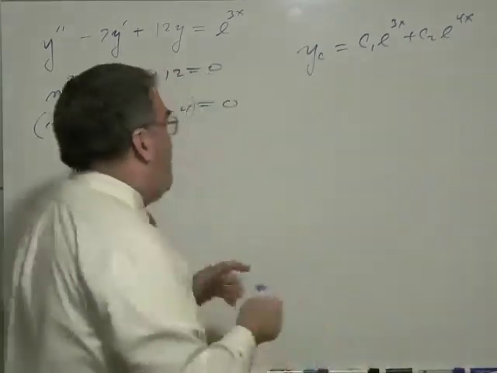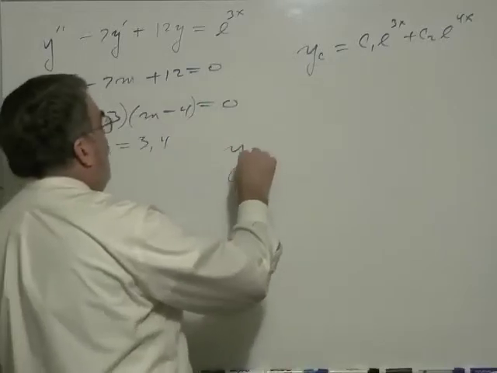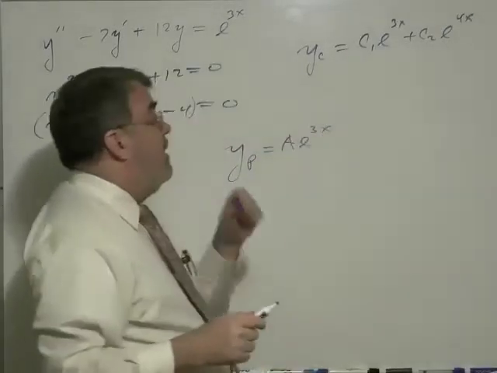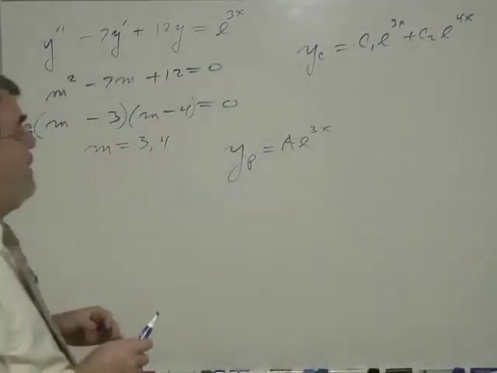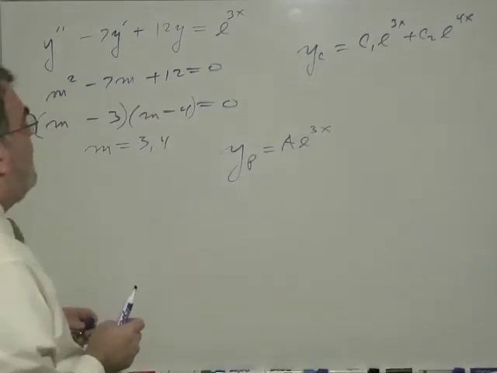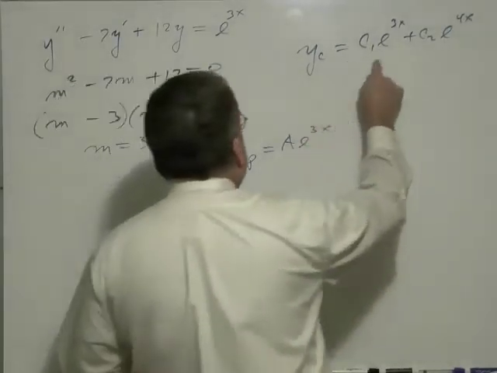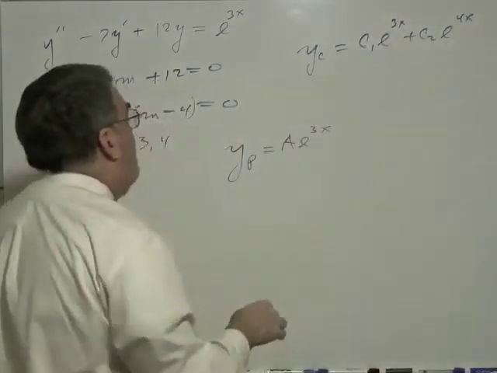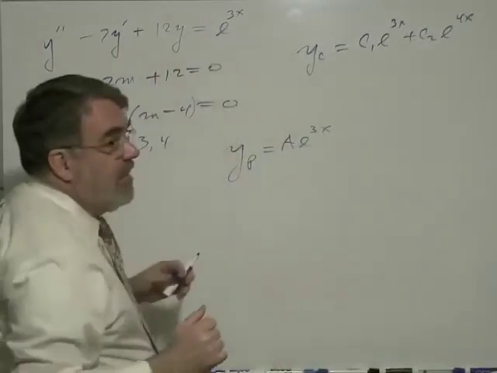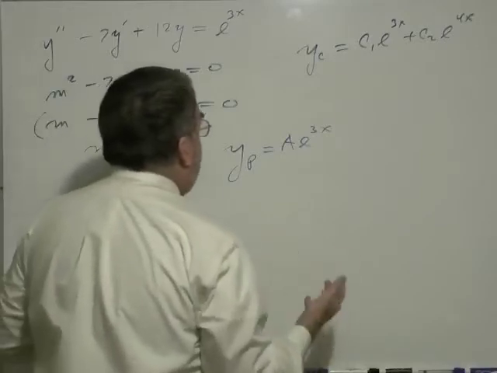So I can't simply say, let y particular be a e to the 3x, because we've already taken care of that right here. In fact, when we plug this portion into here, it equals 0, not e to the 3x. So there's the issue.